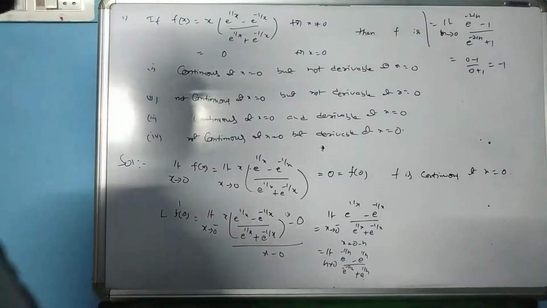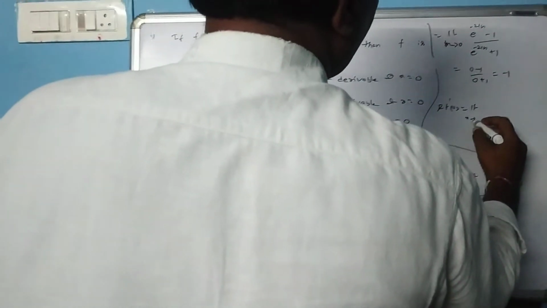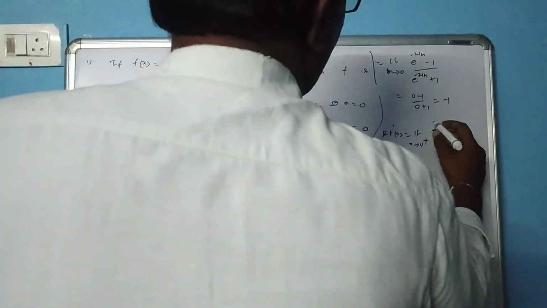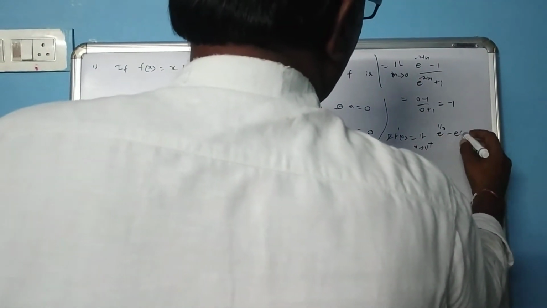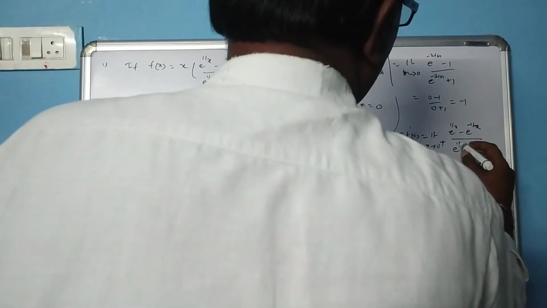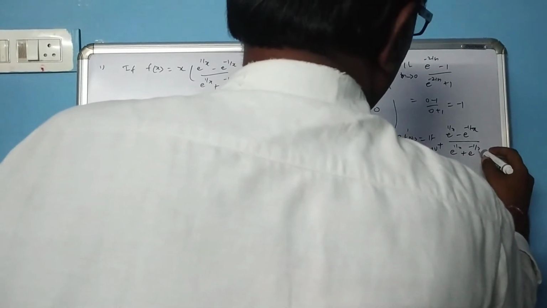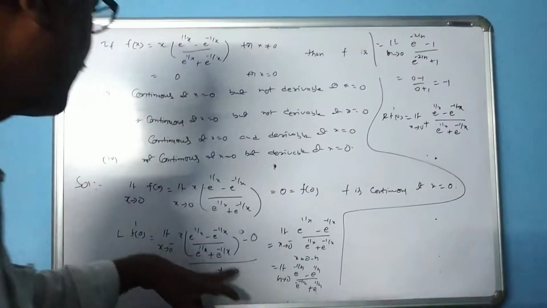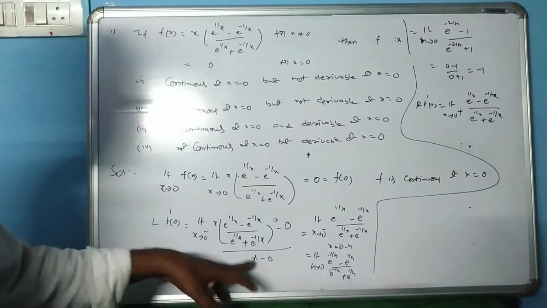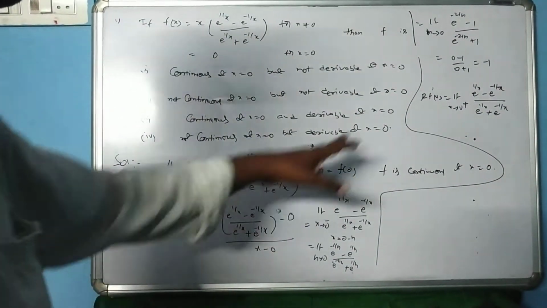Now I want to calculate the right hand derivative, Rf'(0). Similarly, (e^(1/x) - e^(-1/x)) / (e^(1/x) + e^(-1/x)), because x will get cancelled here.